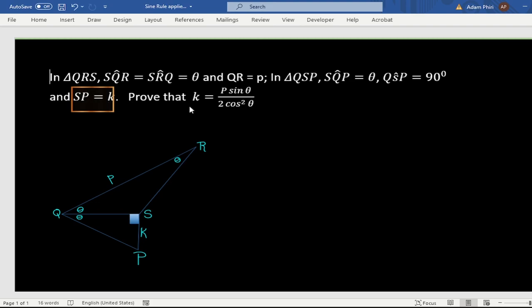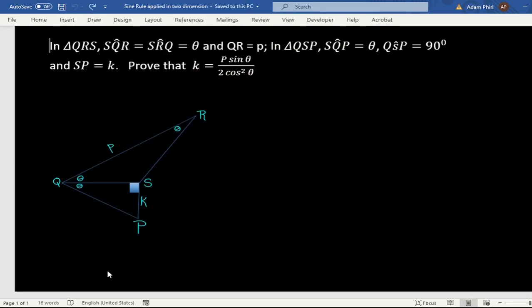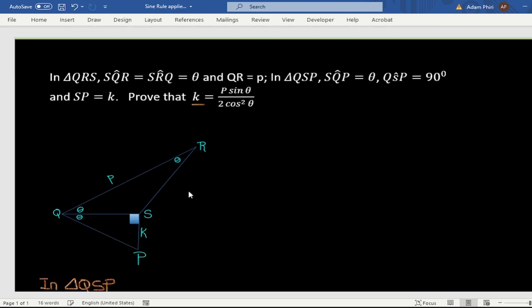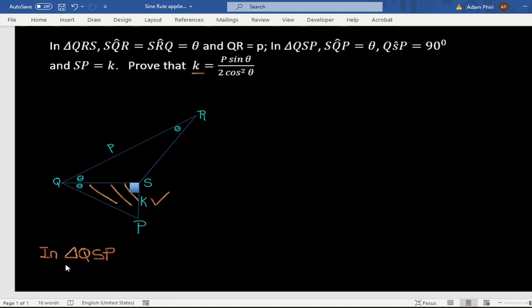And the next thing that we do, SP is equal to K, so that is the K that we have, and K is equal to P sine theta over 2 sine theta. And the next thing we have to apply is, in triangle QSP, we have to solve for K, so K is on that other side of the same triangle.